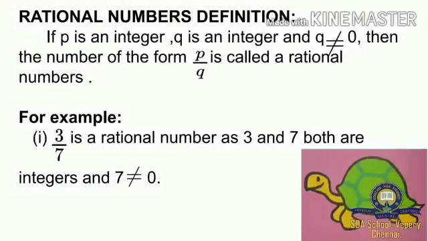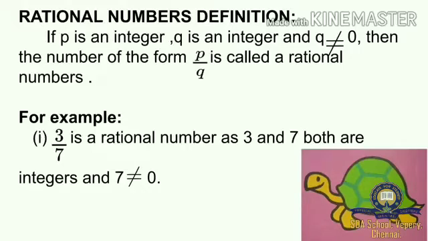Let's learn the rational number definition. If p is an integer, q is an integer, and q is not equal to 0, then the number of the form p divided by q is called a rational number. Any number that's in the form of p divided by q is called a rational number.